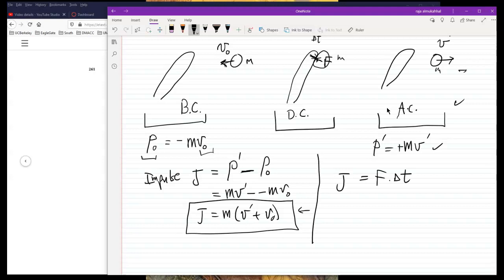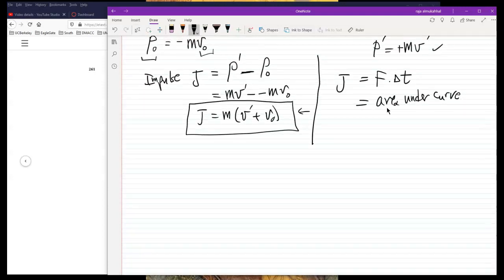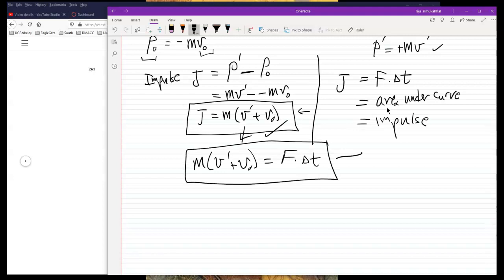But it's also the area under the curve if I know an expression for the force. So now I have the following formulation. So this is also impulse, and this is impulse. Therefore, mv prime plus v naught is equal to F delta T. So that would be one way to define impulse, which is basically similar to what I have just showed you above.